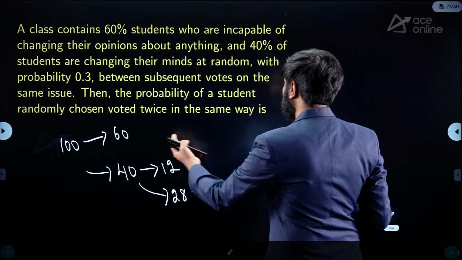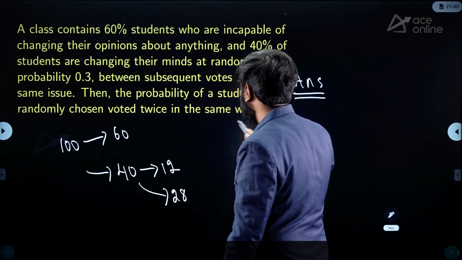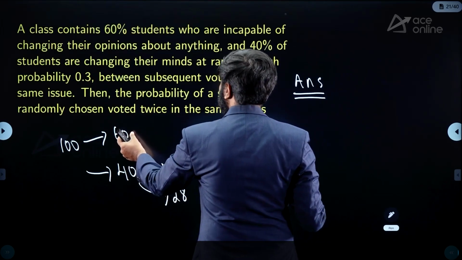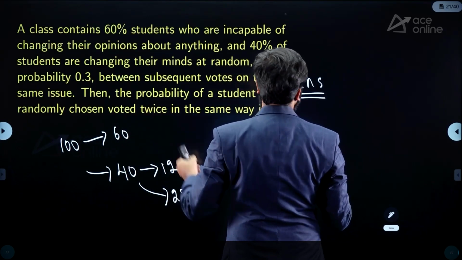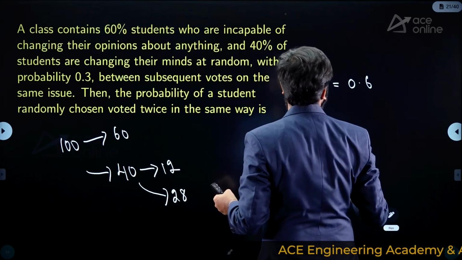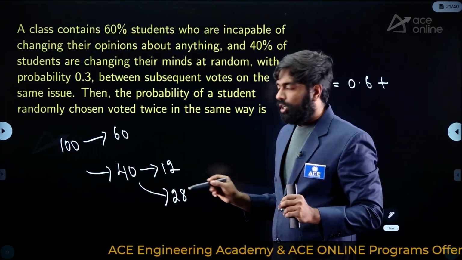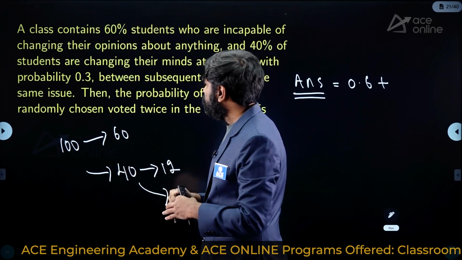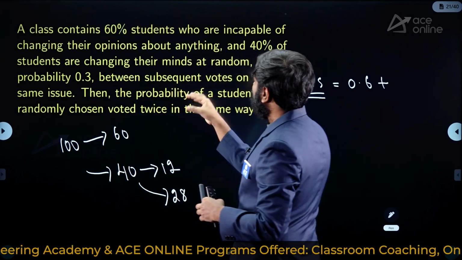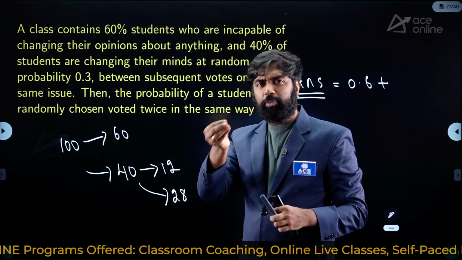Now, if you want to find the probability of a student chosen randomly voted twice in the same way, obviously these 60 students have voted in the same way. So 60% means 0.6, plus something else. Now there are the remaining 40% students who change their minds at random with probability 0.3. So what do we mean by probability 0.3?